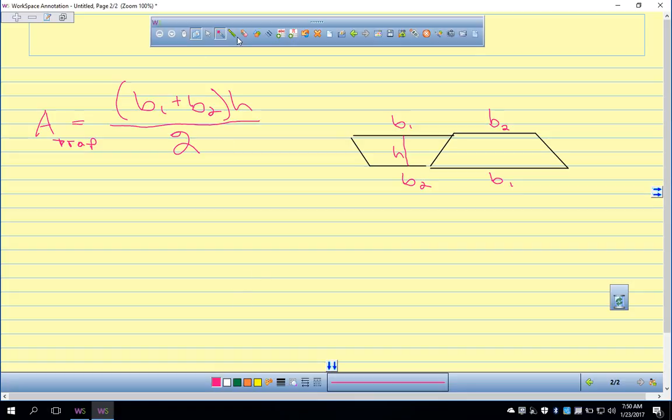So here, I wish my freehand shape tool was working. I'm going to have to get that figured out. Let's try to do it at least with my straight line. Okay. So here's a trapezoid.